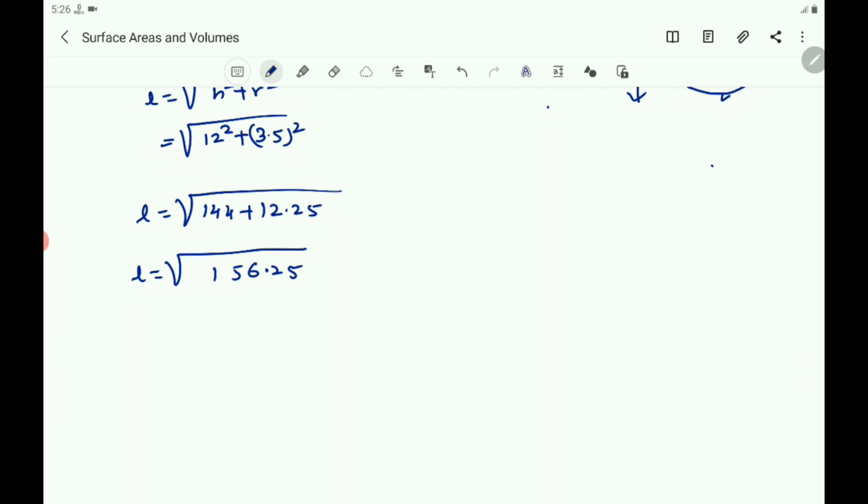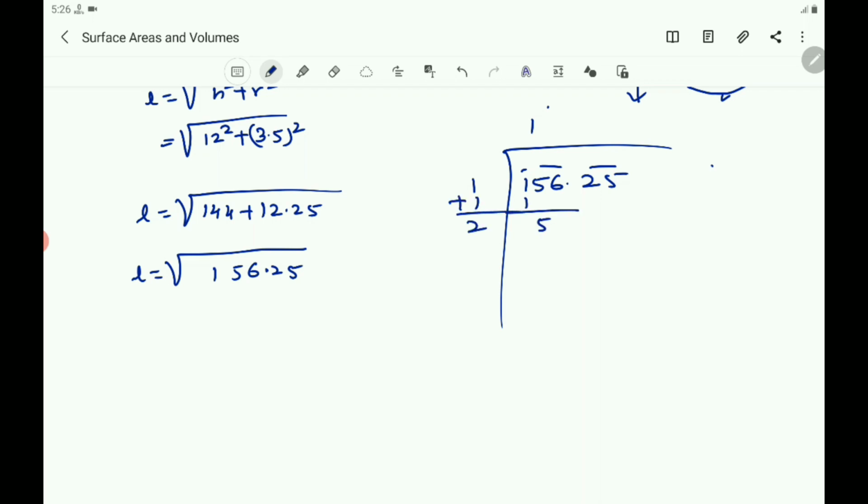Then you write the square root of 156.25.